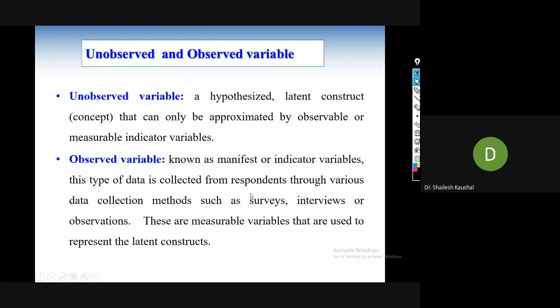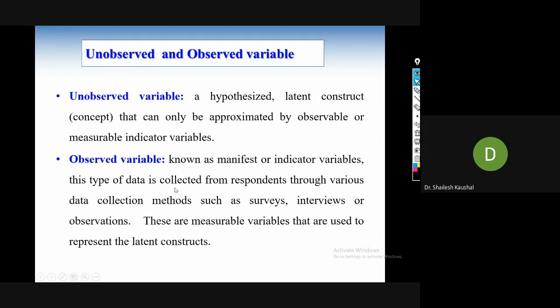Directly we cannot understand the attitude of buyers or their buying behavior, nor their satisfaction level, but through some questions we can understand these unobserved phenomena. Measurable indicator variables means questions, the x1, x2, x3. Observed variables are known as manifest or indicator variables.